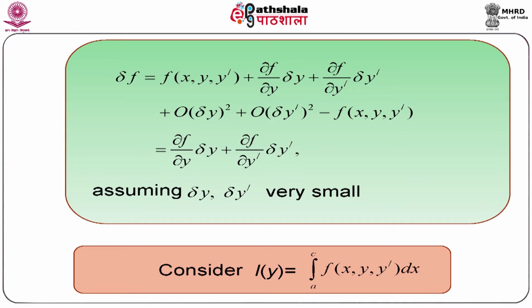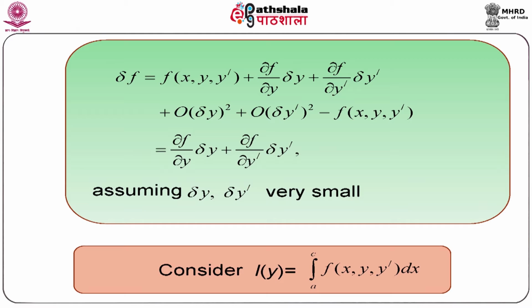If we expand f function of x, y plus delta y, y dash plus delta y dash, then we get f P1 minus f P equal to f function of x, y, y dash plus del f del y into delta y plus del f del y dash into delta y dash plus order of delta y square plus order of delta y dash square minus f function of x, y, y dash.